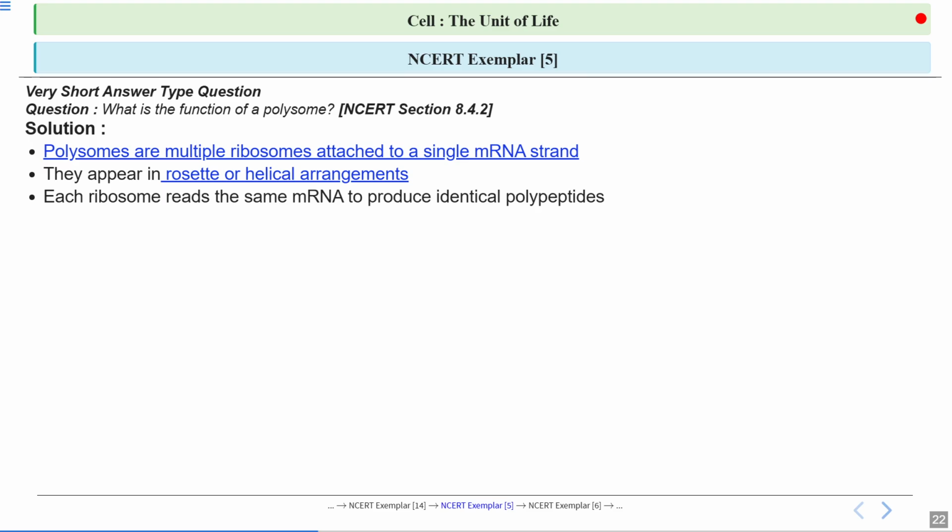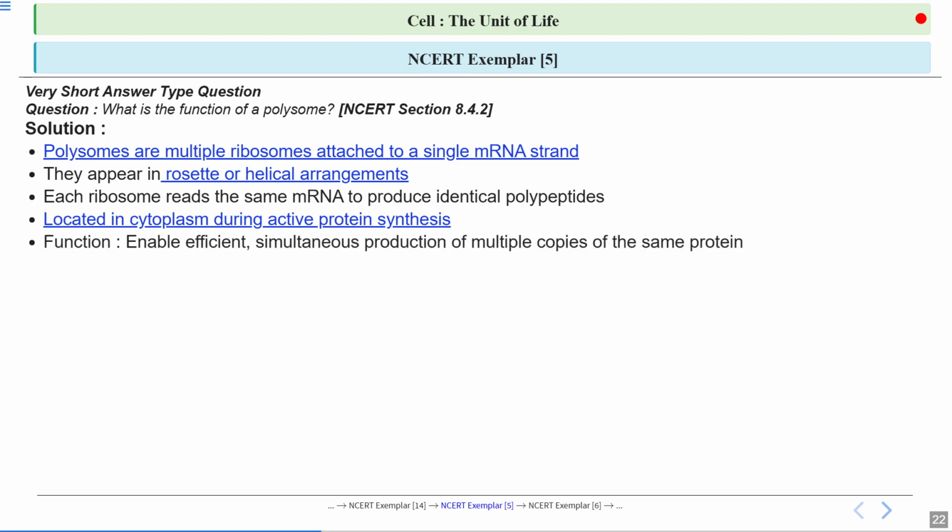Each ribosome reads the same mRNA and produces identical polypeptides. So if you require a particular polypeptide in a large number, then polysomes are formed.